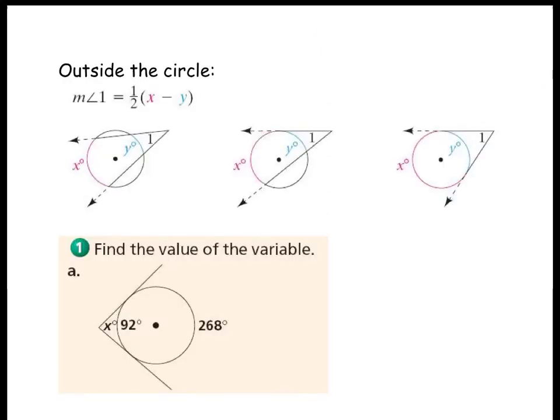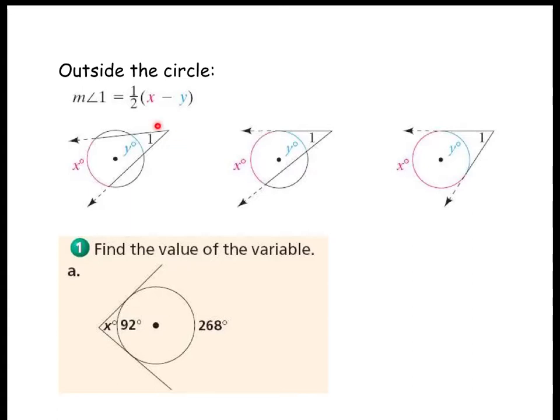Now if it crisscrosses outside of the circle, you have 3 situations in which the vertex is outside of the circle. You can have 2 secant lines coming together outside the circle. You could have a tangent line and a secant line coming together outside of the circle, or you could have 2 tangent lines coming together outside of the circle. All those mean the same thing.